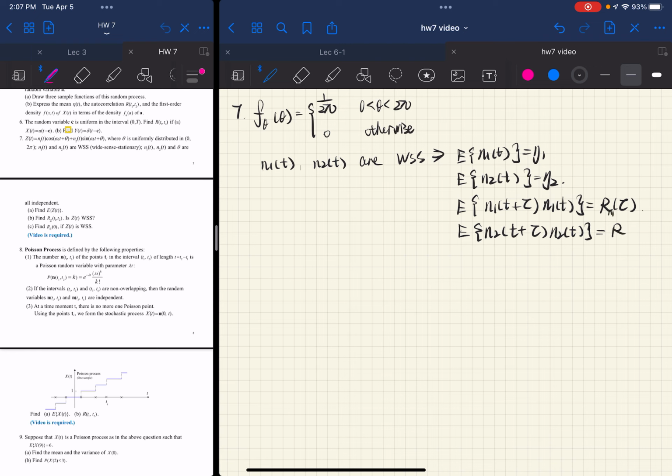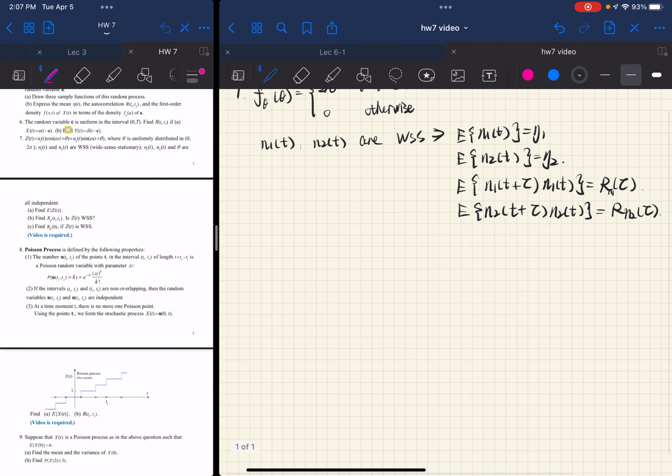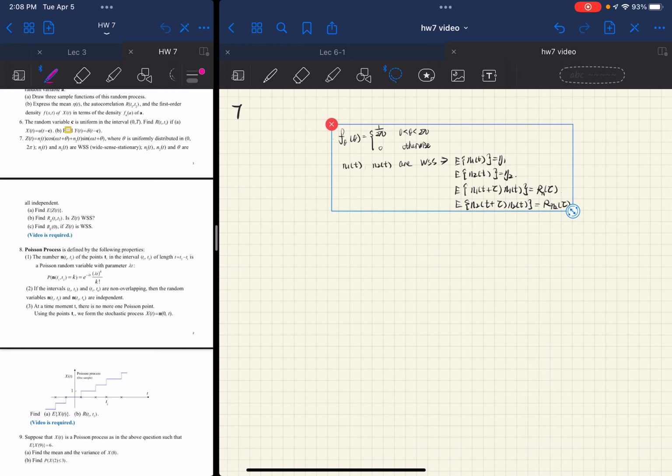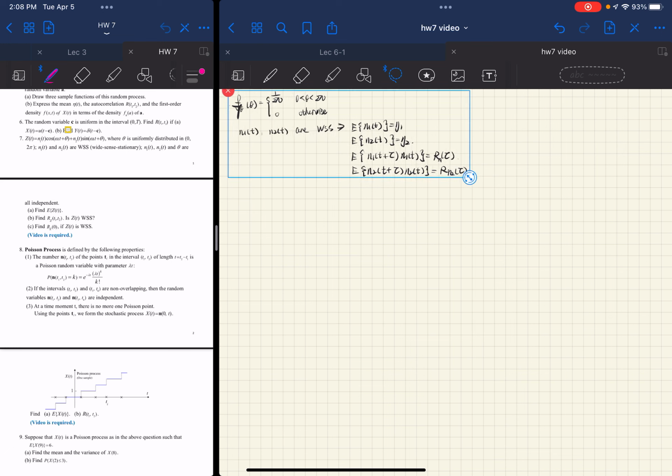This should have the notation of n1 and n2, and this is what the question gives us, and I will make it smaller.